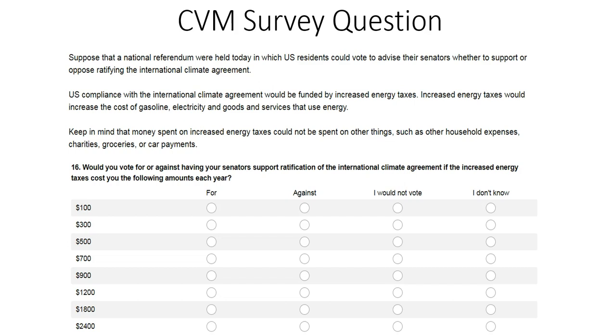You folks, over spring break, did a survey exercise where you were exposed to a contingent valuation method survey question. Question 16 in the survey was, would you vote for or against having your senators support ratification of the International Climate Agreement if the increased energy taxes cost you the following amounts each year?